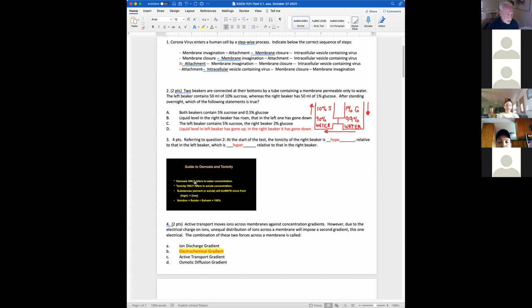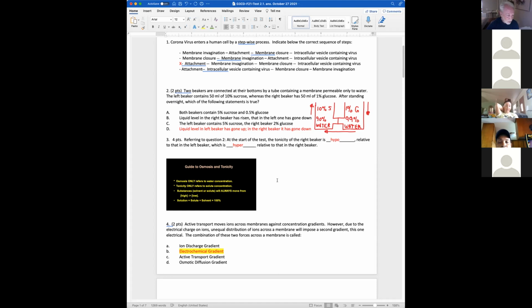So the first point is that osmosis only refers to water. Tonicity only refers to solute. And that substances, either the solvent or the solute, will always move from high concentration to low.